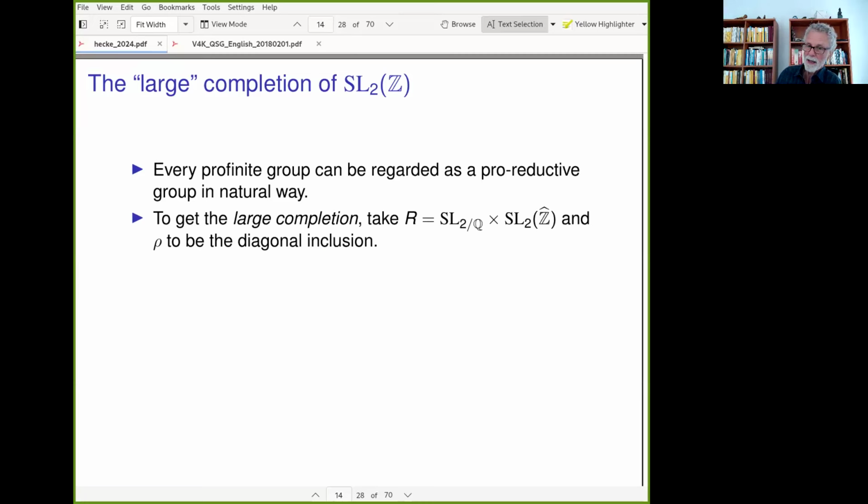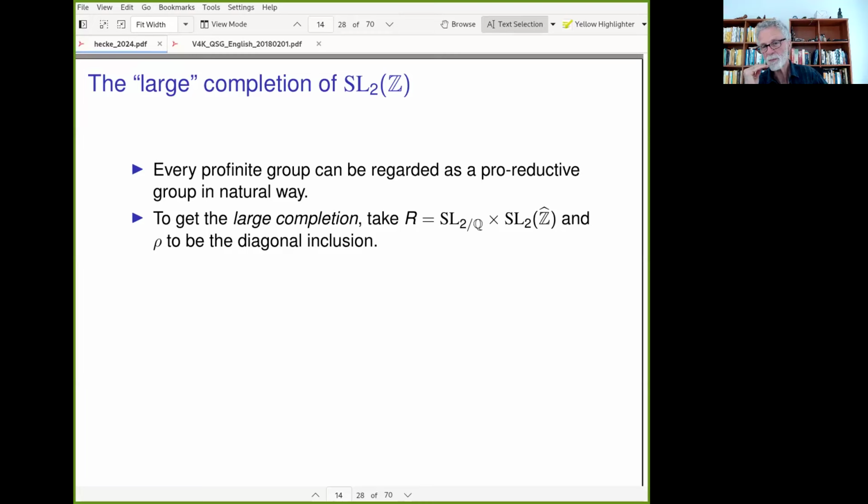So what that plays a role here, because to get the large completion, we're going to take the reductive quotient to be SL2 over Q, the standard SL2 over Q, and then we take the product with SL2 of Z hat. Z hat is the profinite completion of Z. If you like, it's the product over all Zp, all the p-adic integers.